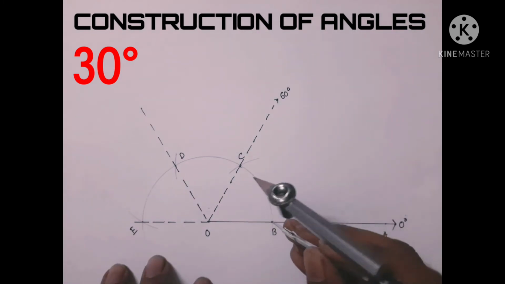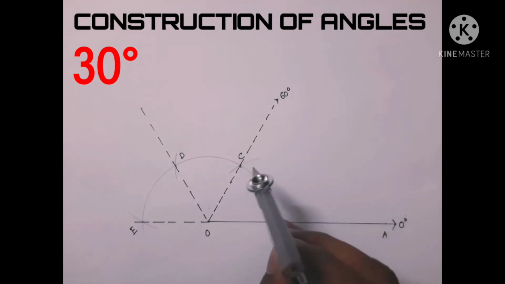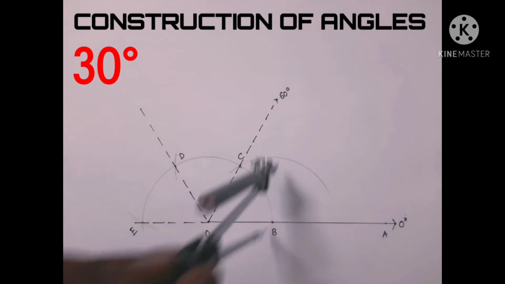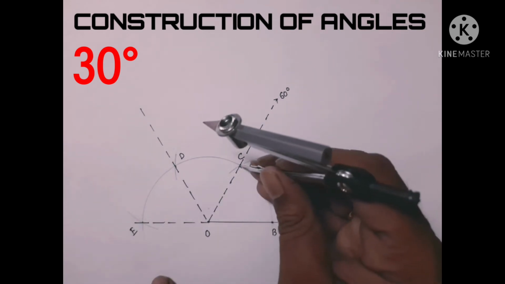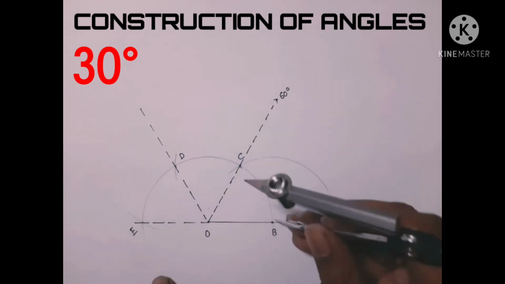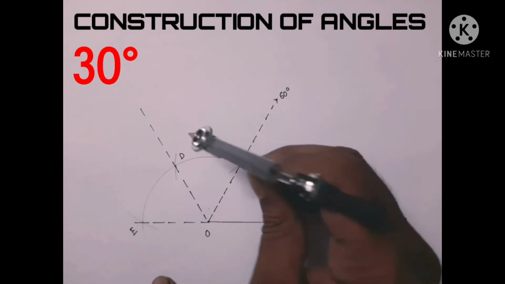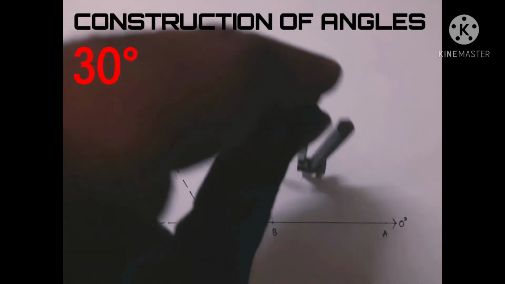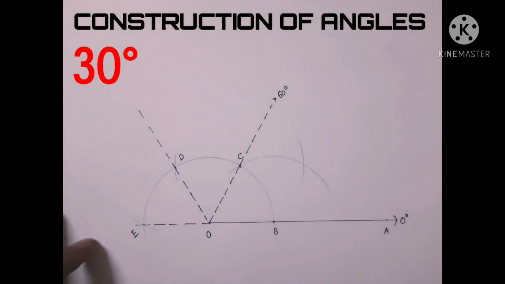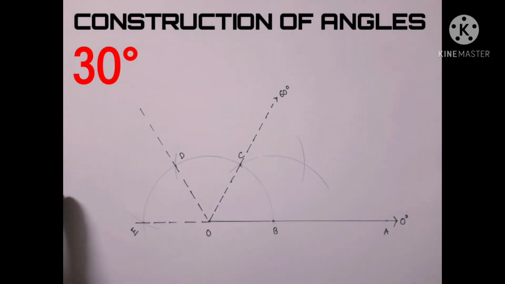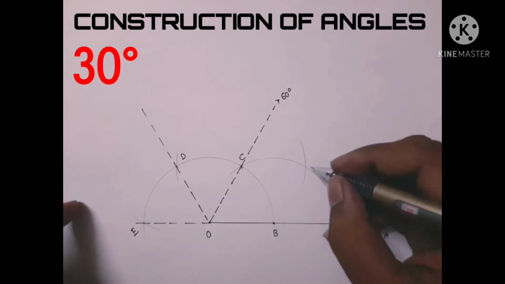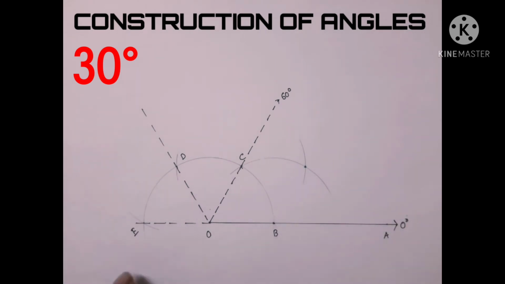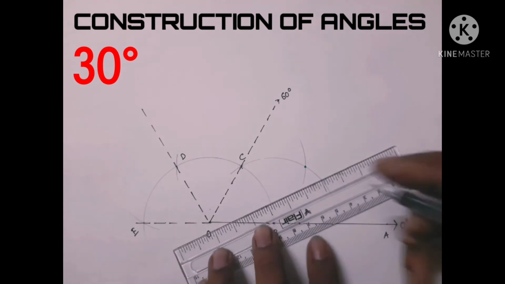So let's take an arc of this length and cut off an arc like this at the middle portion somewhere. Now take C as the center again. So first B as the center, now C as the center. We'll cut off this arc. So we get a meeting point. Now we'll join it with the vertex.